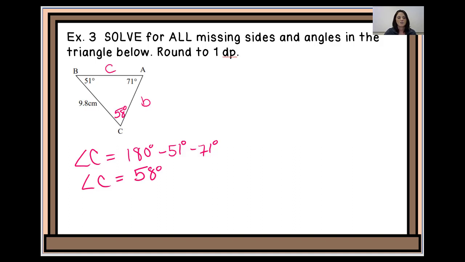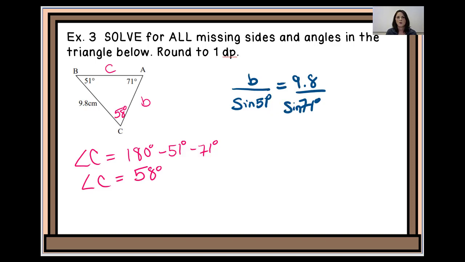And so just labeling the triangle, we need to find side length B and side length C. So I can start with side length B. So B over sine 51 degrees is equal to, I'm going to use the ratio where I'm given both the angle and the side length, so 9.8 over sine 71 degrees.